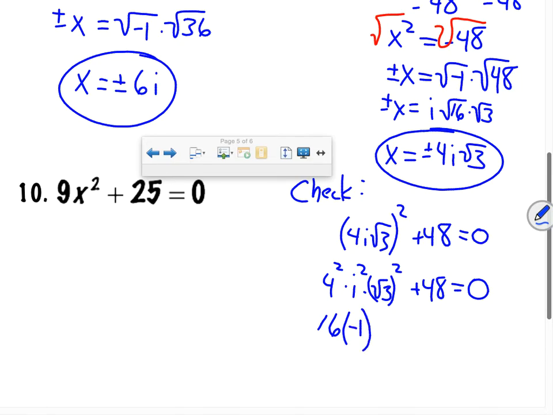The square root of 3 squared is just 3 plus 48 equals 0. And if you keep going, you're going to figure out that 0 equals 0, so this solution works. You can do the same thing with the other solution. The other solution was -4i times the square root of 3. If you plug that back in, it will also work as a solution.